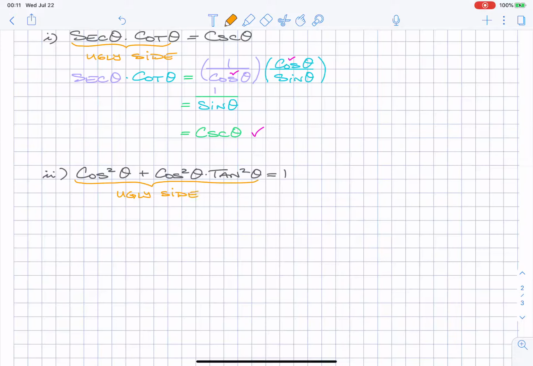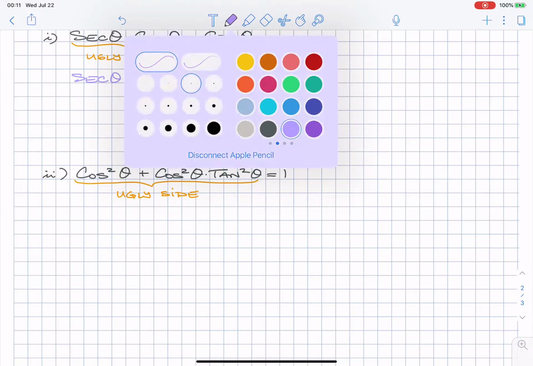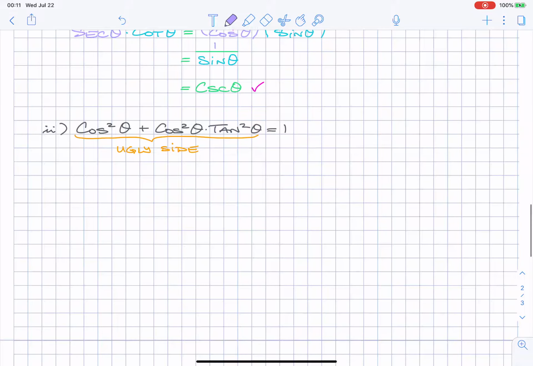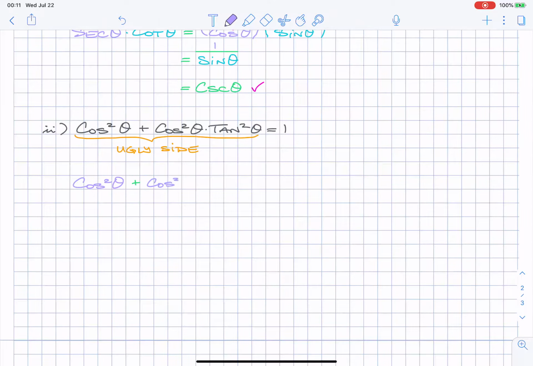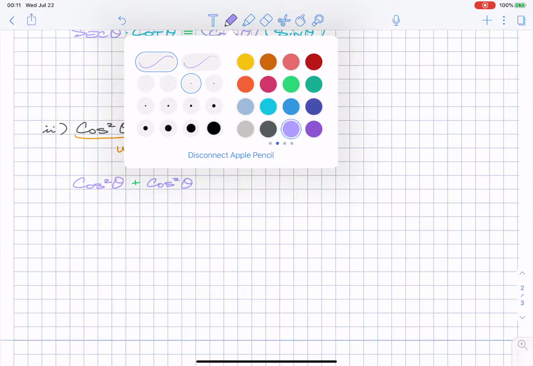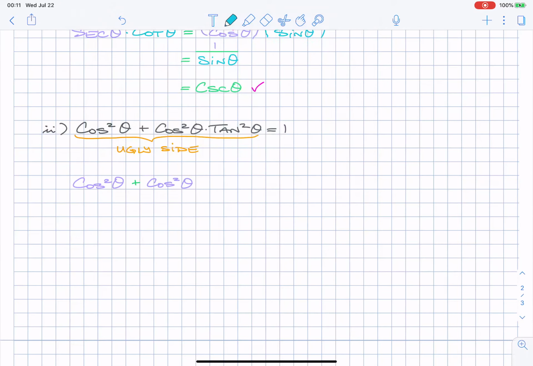So that's where I'm going to start, but I'm going to try and color code this. So I'm going to say, okay, so this is cosine squared theta plus, I'm going to keep cosine purple, cosine squared theta times, let's do blue, I guess, tangent squared theta. Now I'm not going to set it equal to 1 because I haven't verified this yet.